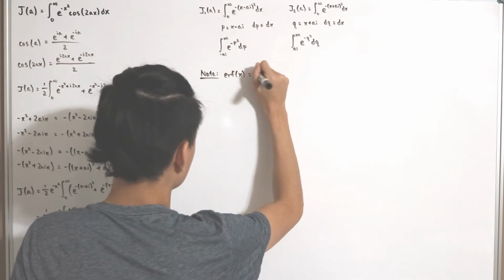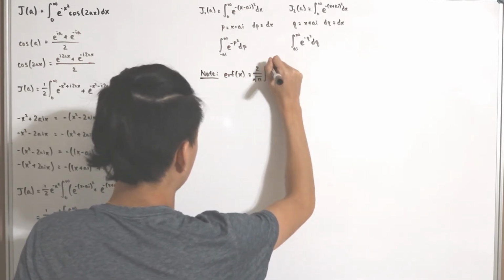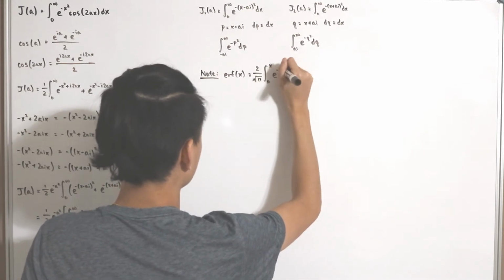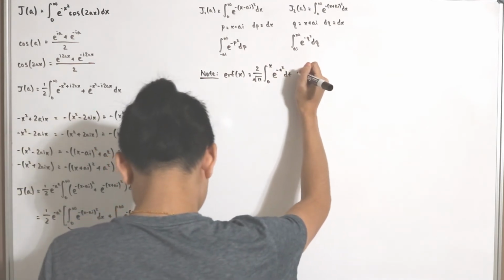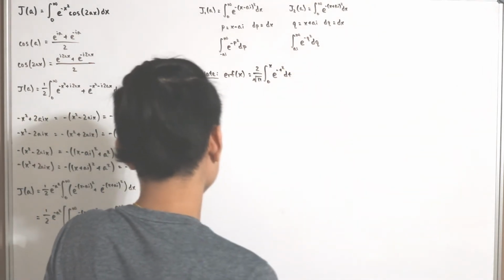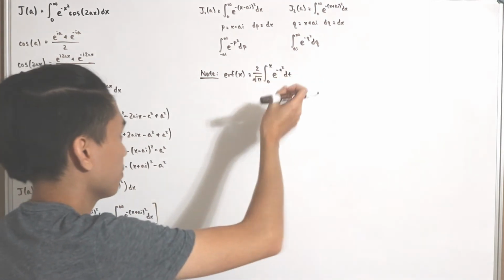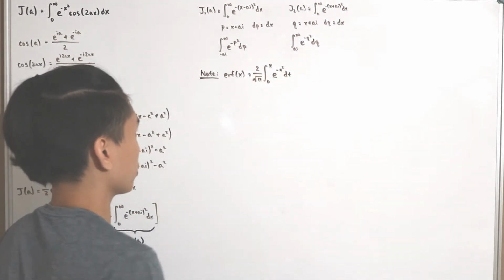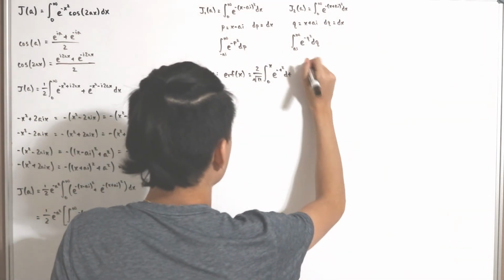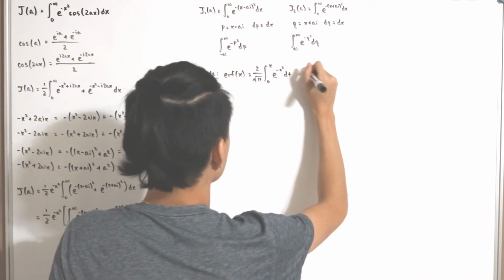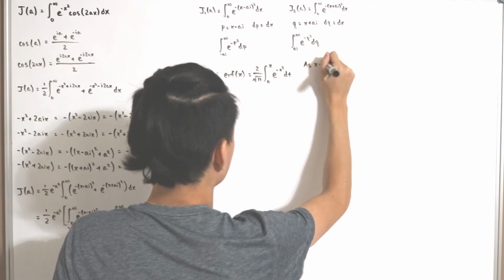It's defined as 2 divided by the square root of pi times the integral from 0 to x of e to the negative t squared dt. Now, because we're going to manipulate this later, we're going to let x approach infinity.